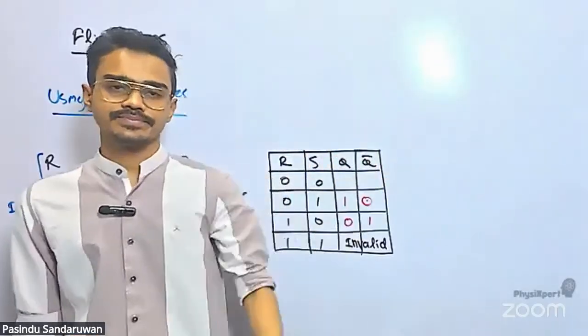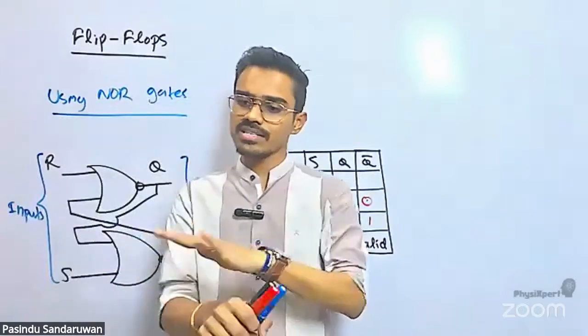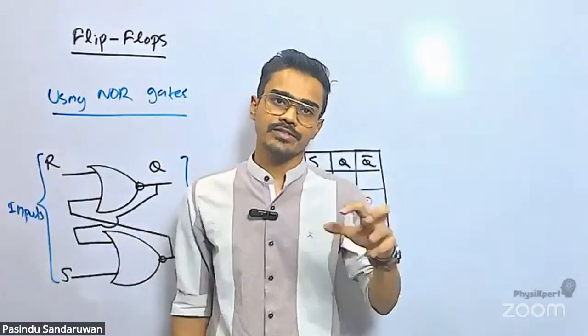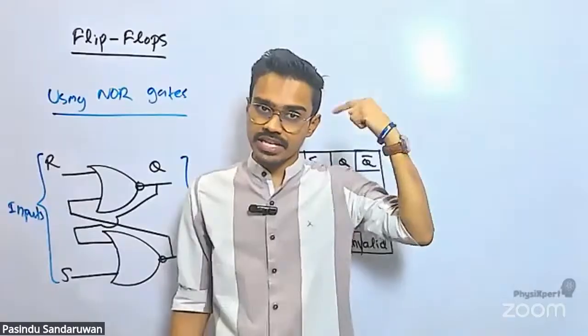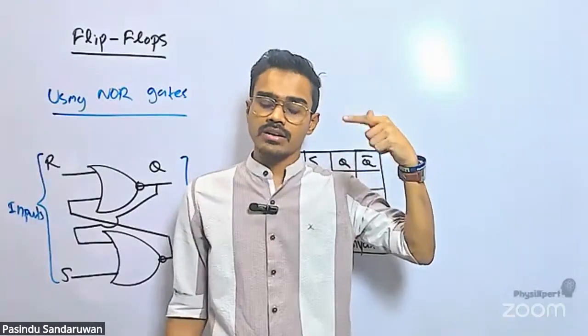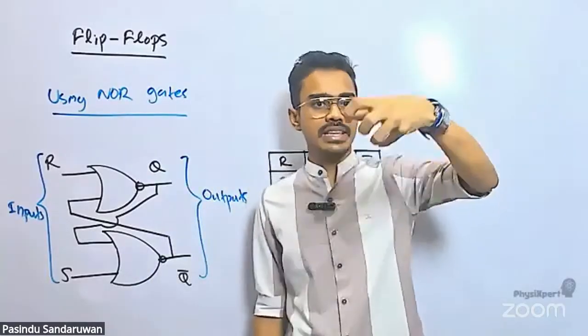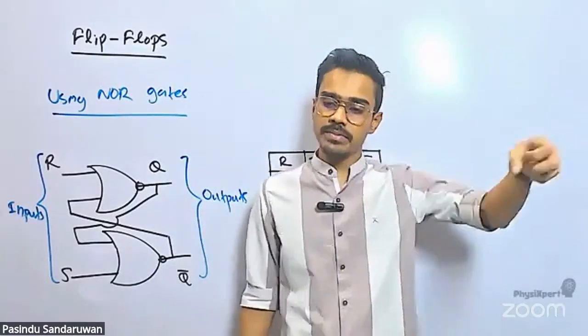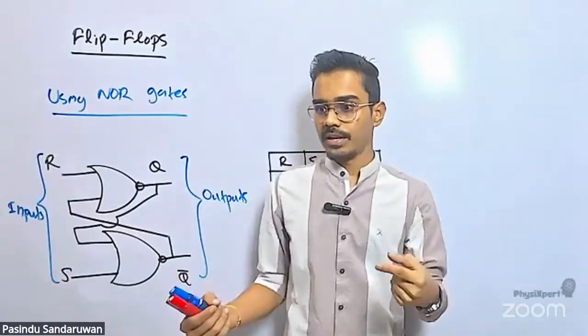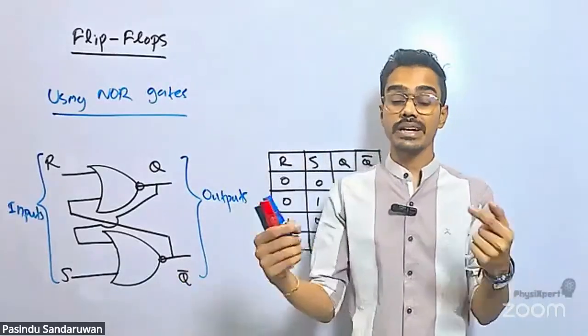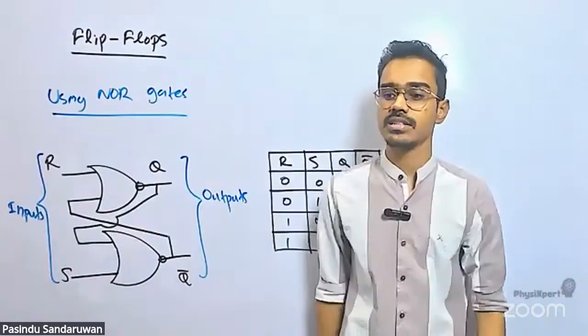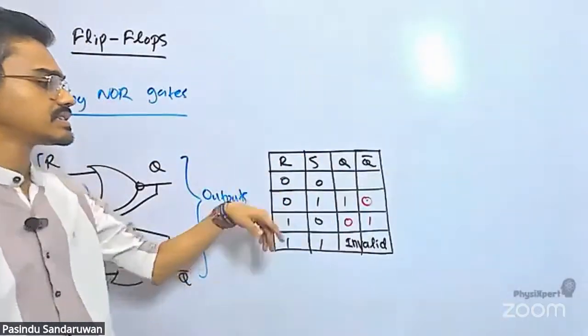Remember that logically, and do not memorize it, because q and q bar are supposed to be the output and the complement. But when you try to simplify using 1 and 1, you get the same value. That is invalid.